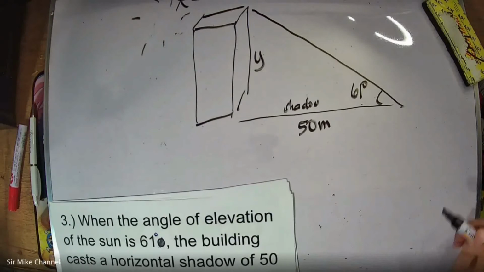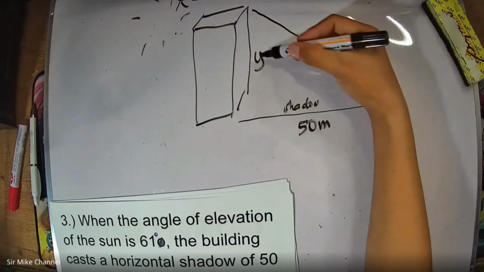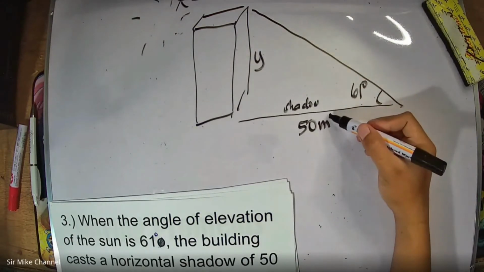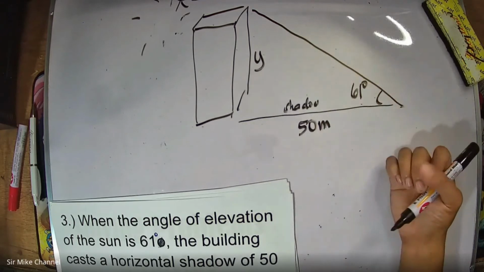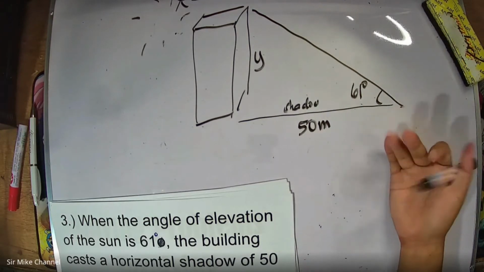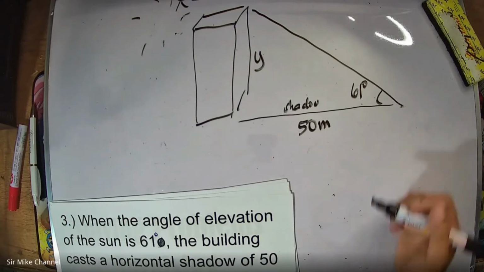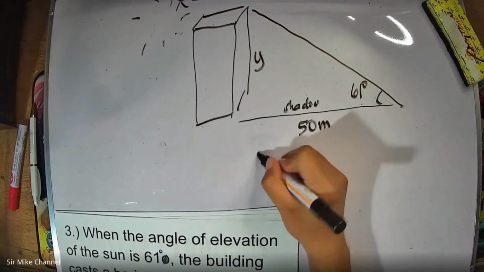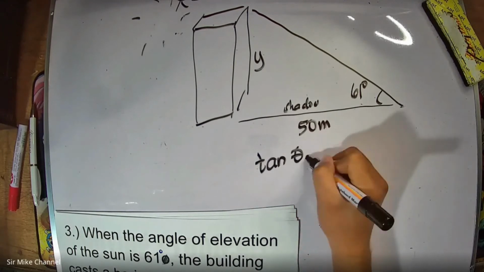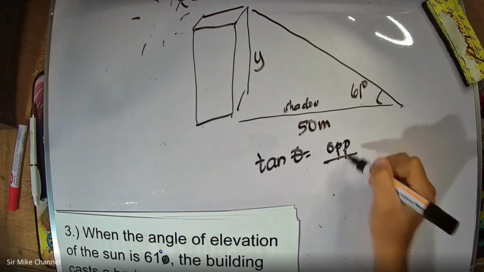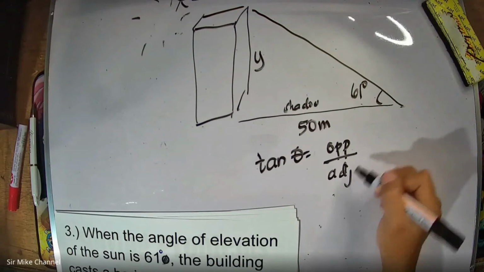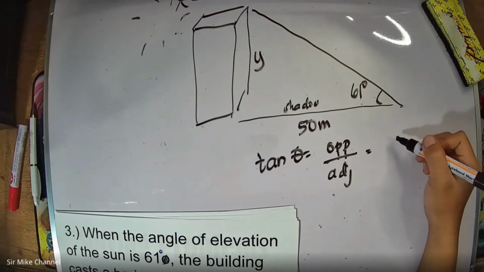Okay, palitan na natin. So ito yung reference natin. So ito yung opposite. Ito yung adjacent. So mula doon sa may 3 natin na sine, cosine, tangent, alin doon ang may opposite tsaka adjacent is yung tangent. So we use tangent theta opposite over adjacent. Ang opposite natin ay y.